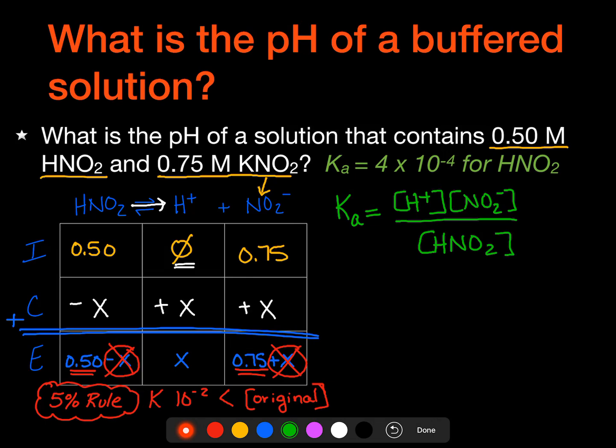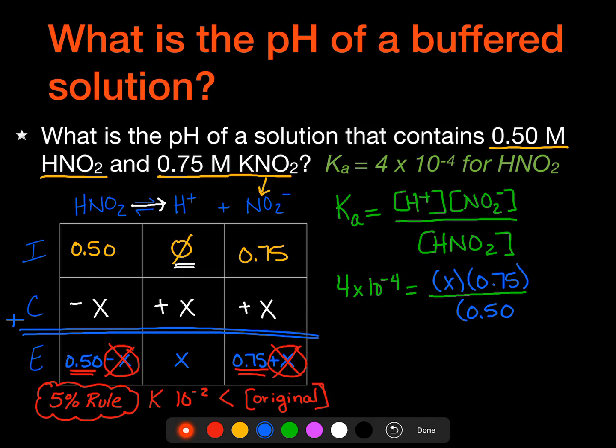Okay, so I'm going to plug those numbers in. So we have 4 times 10 to the negative fourth is equal to, on the other side we have x for our hydrogens. We're going to put that in there. So x times 0.75 divided by 0.50.